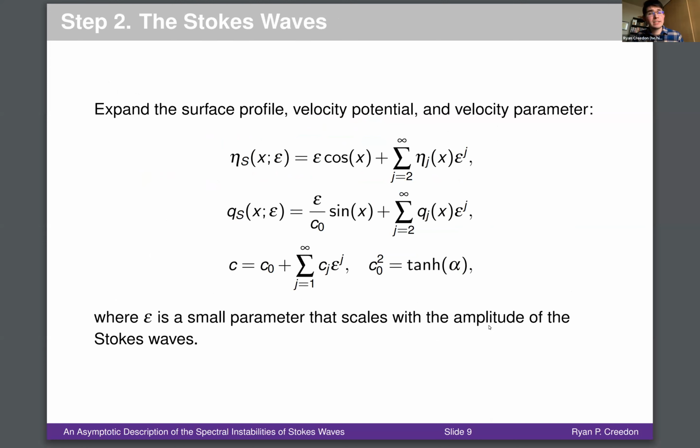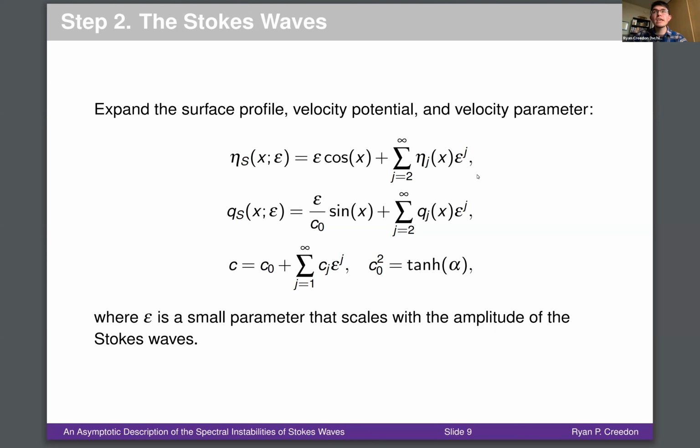This is a very classic calculation. If you go to Whitham's textbook, you can go to like chapter, I think it's 7 or 8, and he fully derives how you calculate the Stokes wave expansions from a formal asymptotic analysis perspective. The basic idea is we're going to take the surface wave profile and expand it in a small parameter, which we're calling epsilon. Epsilon is essentially going to be keeping track of the amplitude of our waves.